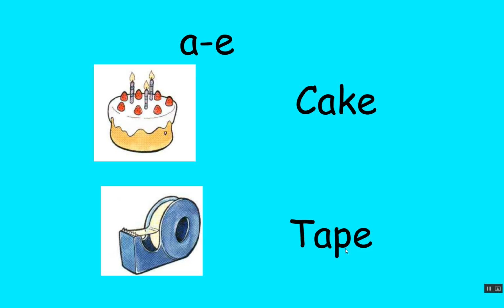T-A-P. Tape. So if you can say in these words, you've got the A and you've got the E and you've got the consonant in the middle. And the consonant is the final sound even though E is at the end. So cake, tape.